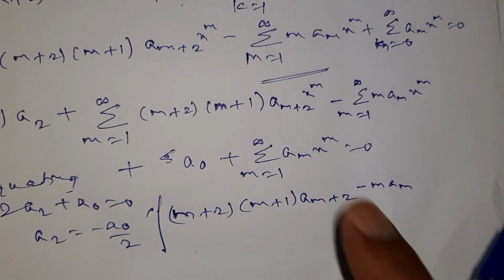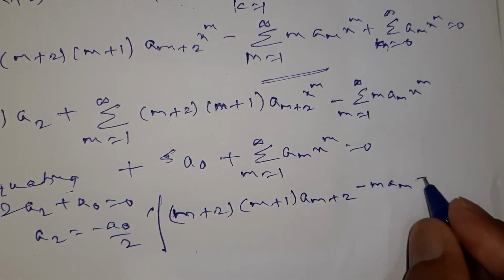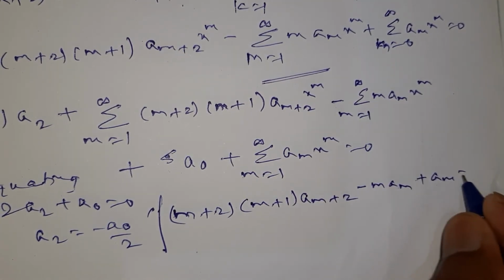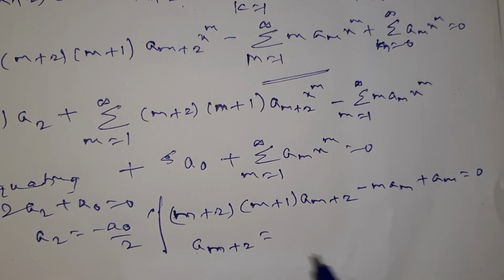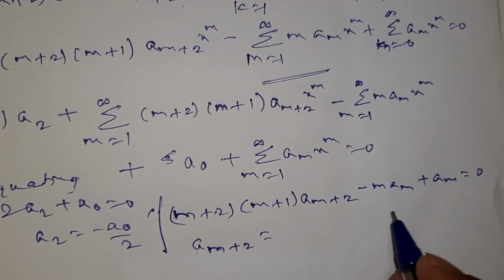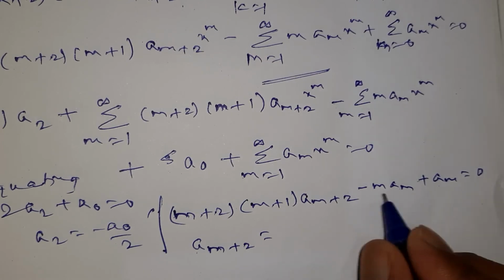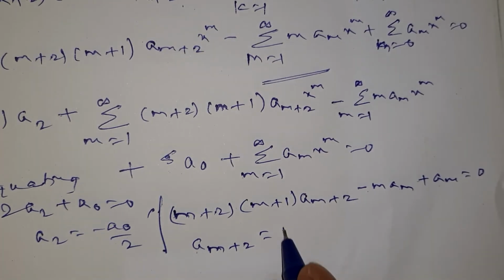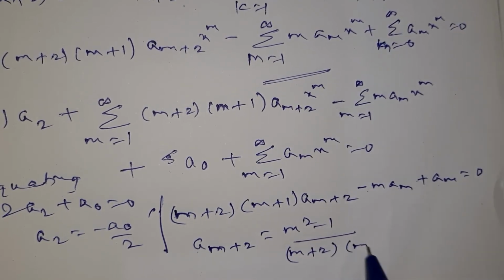Next one is plus am is equal to 0. So find a(m plus 2) from this. A(m plus 2) is equal to, transfer this 2 term to RHS, am common, what I get? Yes, this become plus and this become minus. So m square minus 1 upon m plus 2 into m plus 1 am.